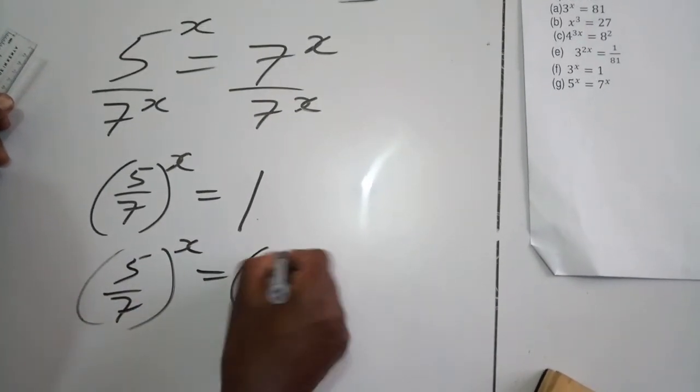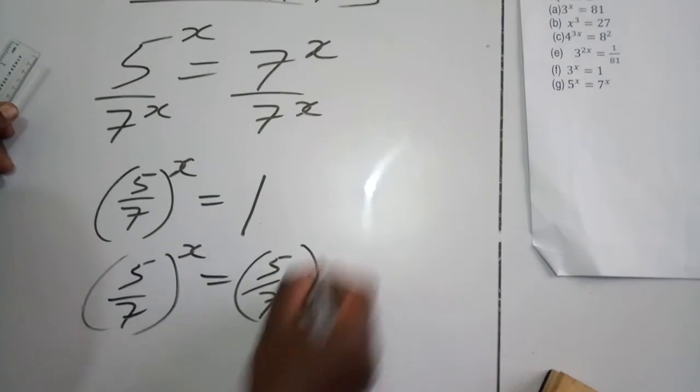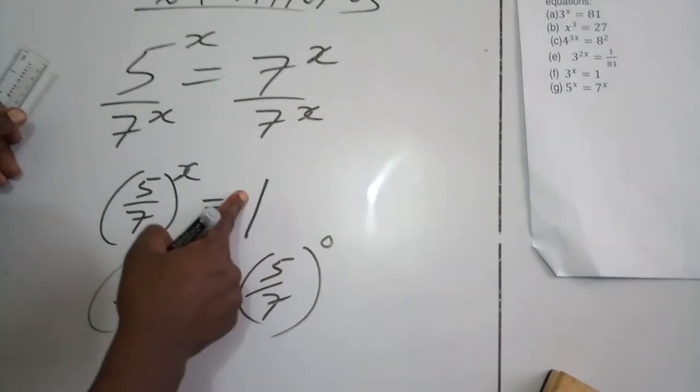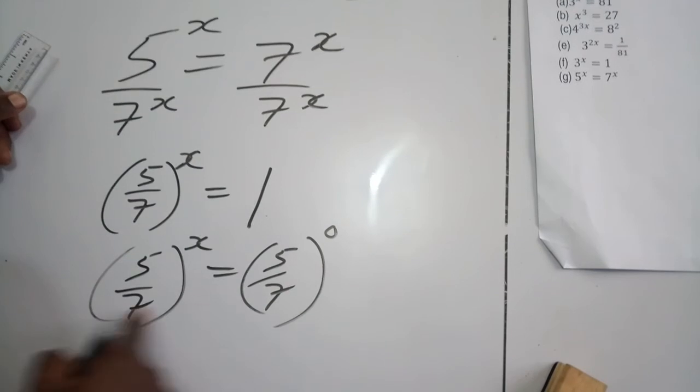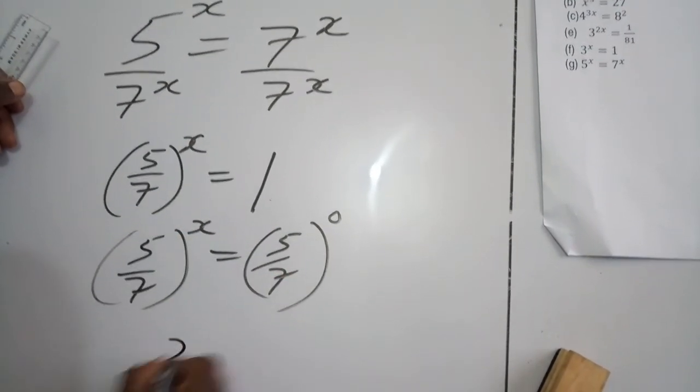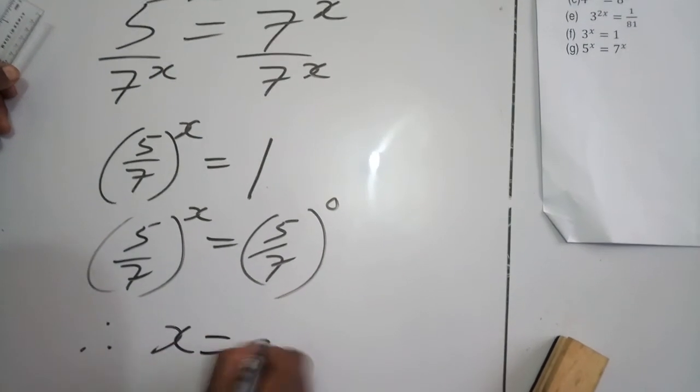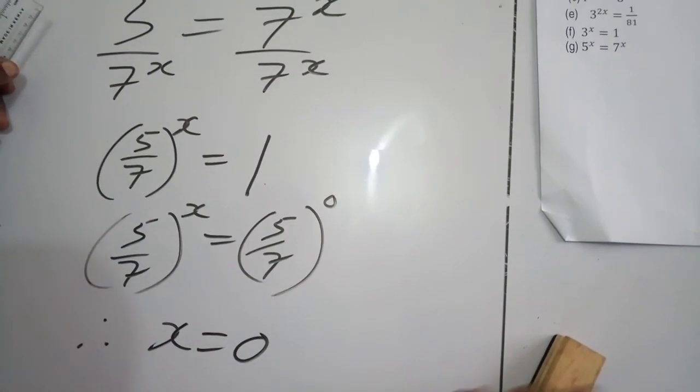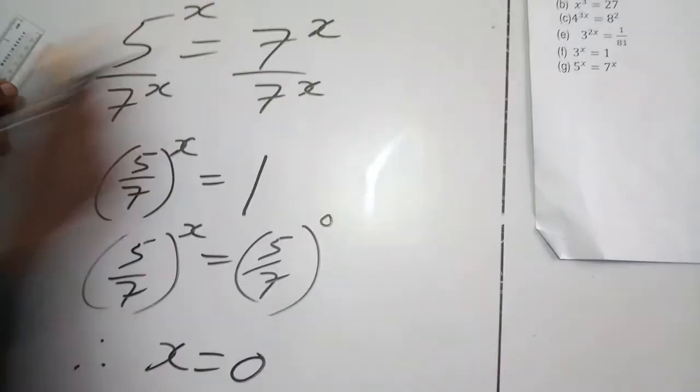Here I'll argue that 5 over 7 to power 0 has a value of 1. Having achieved similar bases, I equate the powers. Therefore x is equal to 0. Good. So we are done with that.